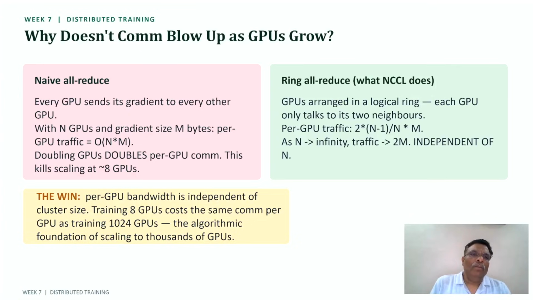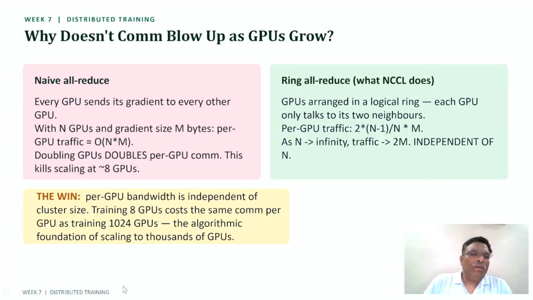So for example, there are ways of trying to reduce the traffic. If you understand the concept of all reduce, as in case of MPI, which we were discussing earlier, there are two approaches. One is called the naive all reduce and the other is ring all reduce, which is what NCCL does.